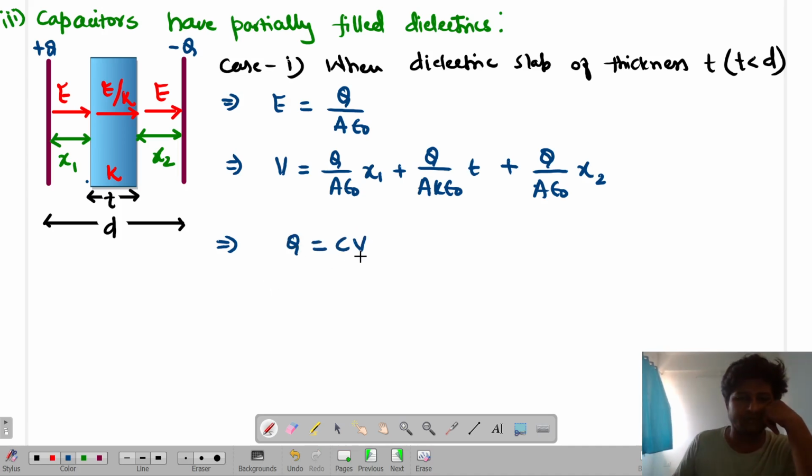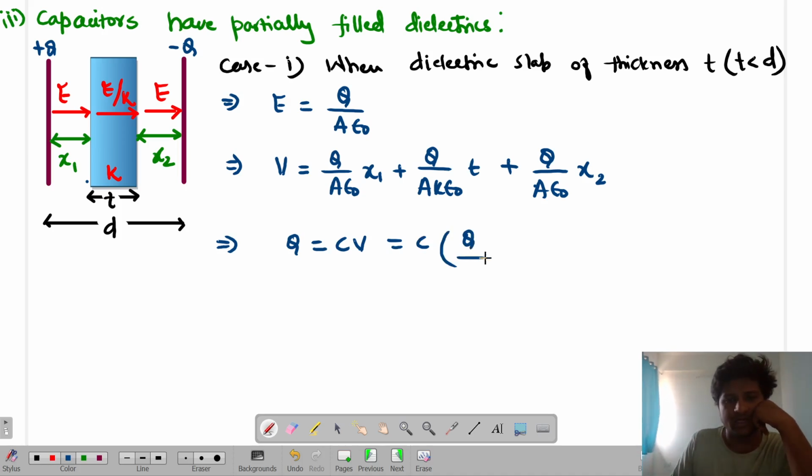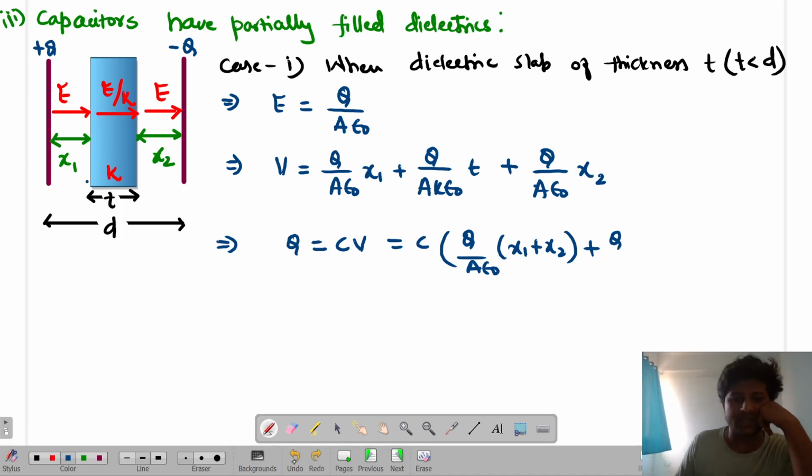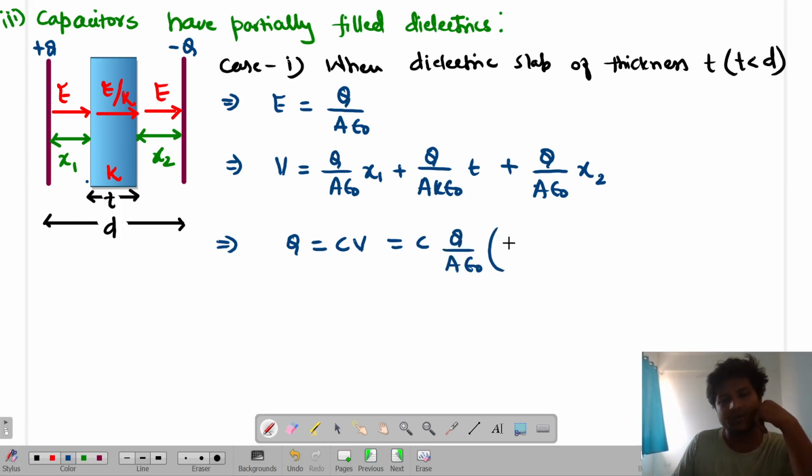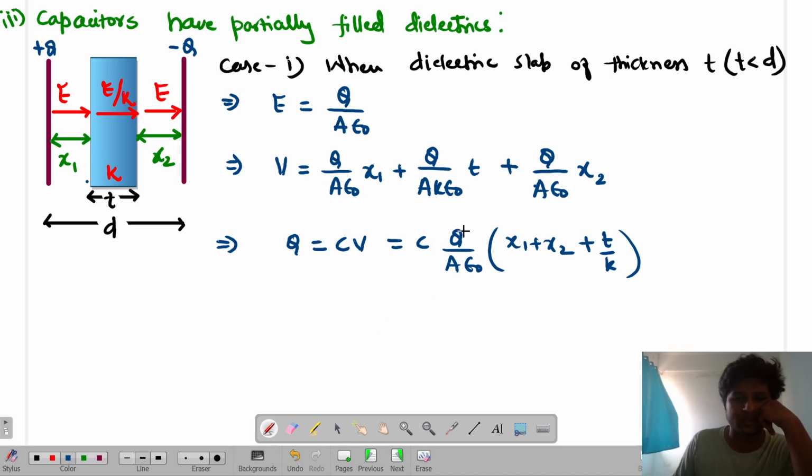So when I put this V over there, I can take Q by A epsilon naught directly common, and this will become just x1 plus x2 plus thickness t by K, isn't it? Let me write this perfectly. So then Q and Q got cancelled and I got my capacitance formula.